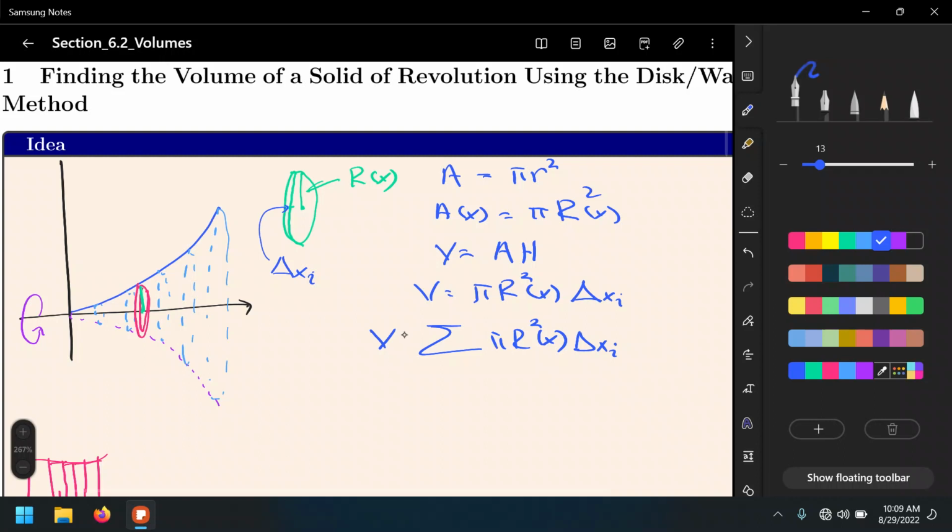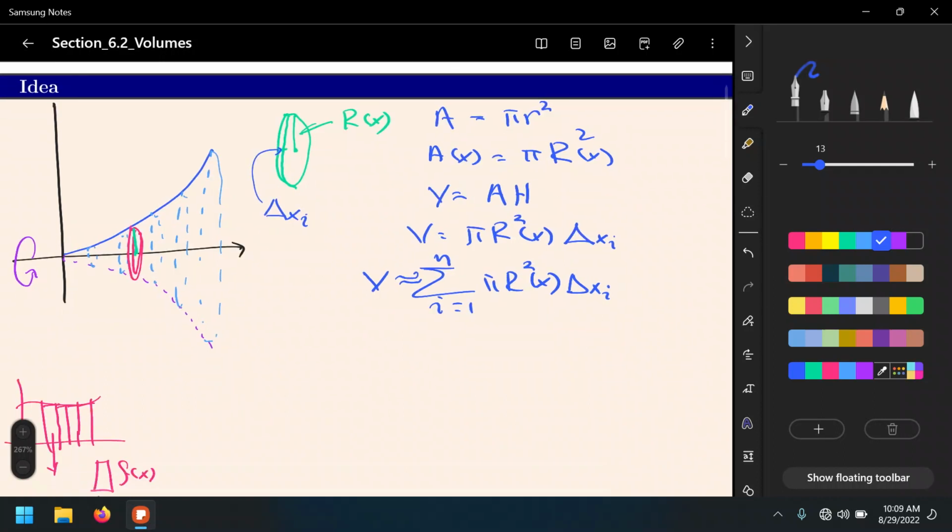This is supposed to be approximately, because we're going to go from i equals 1 to n. And again, n can be any number. But if n is a finite number, like I mentioned before, 17, 25, 150, well, that's an approximated volume, not the actual volume.